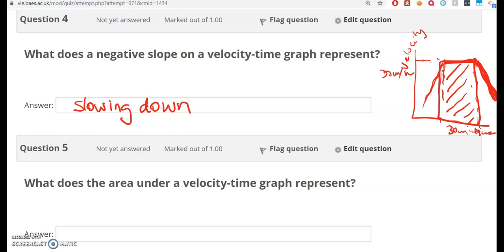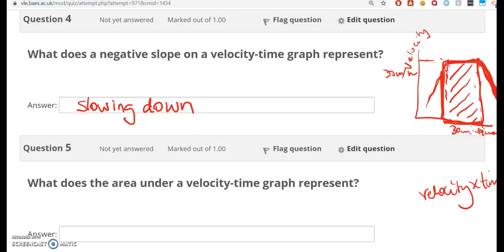And the area of a rectangle is worked out by multiplying length by width. So in this case, the length will be the velocity, and the width will be the time. So to work out the area, we multiply velocity by time.